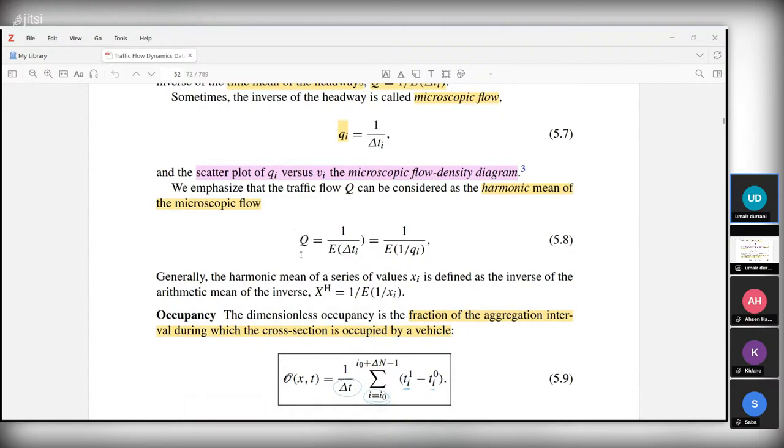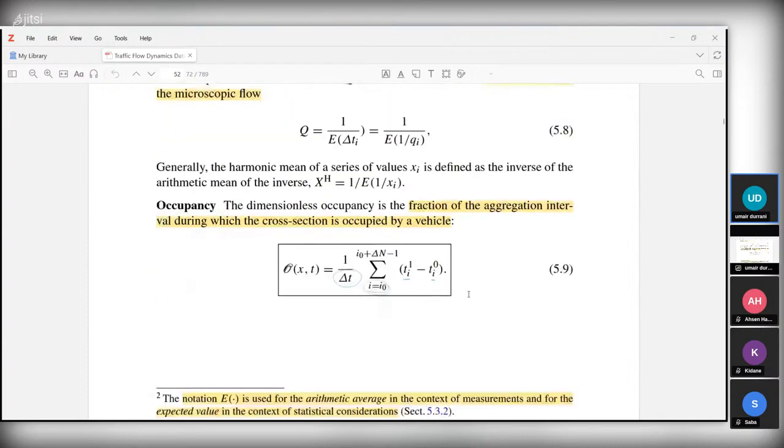The relationship between the traffic flow and the microscopic flow is provided in equation 5.8, where we have 1 divided by the average of the reciprocal of the microscopic flow, or 1 divided by the average of all the time headways that we have obtained from the detector data.